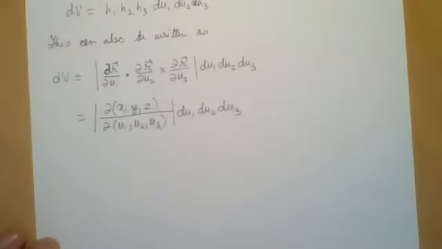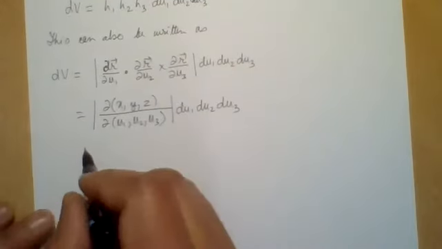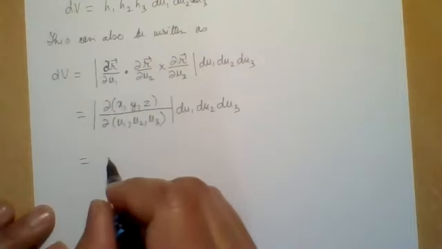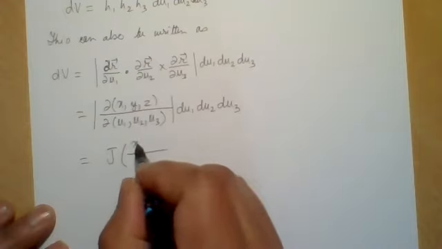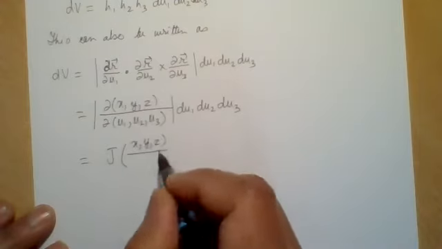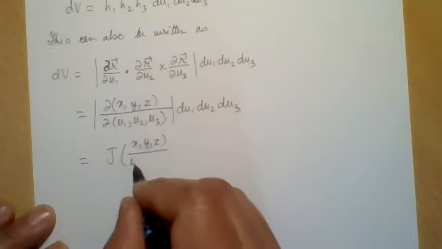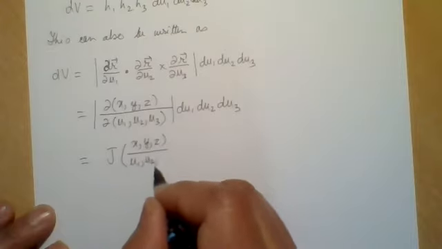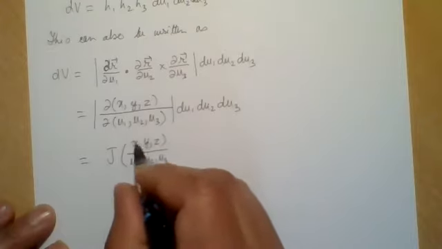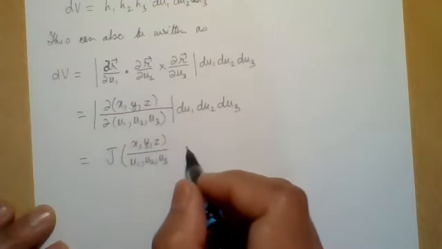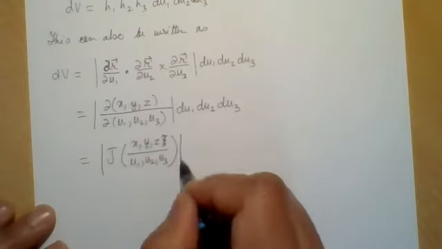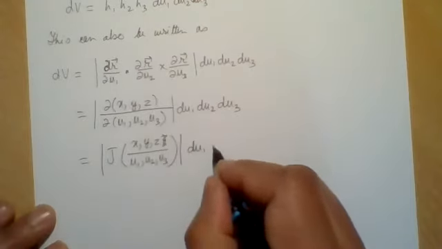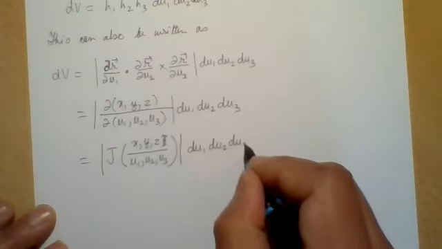So we can also write it as the magnitude of del x, y, z divided by del u1, u2, u3, multiplied by du1, du2, du3.